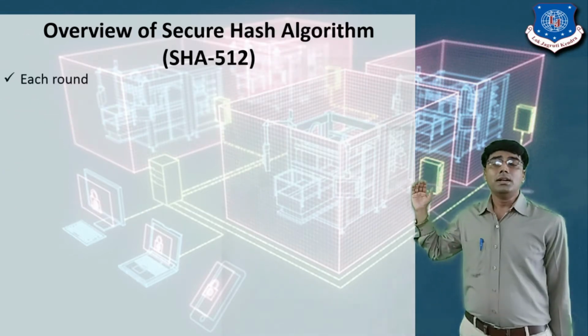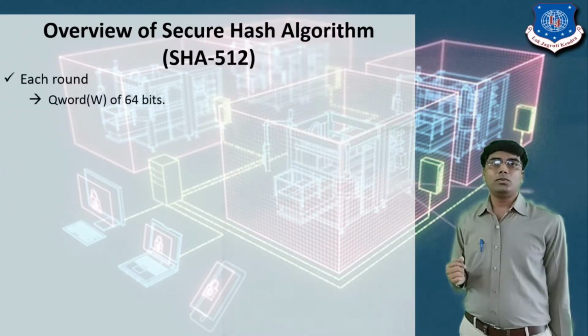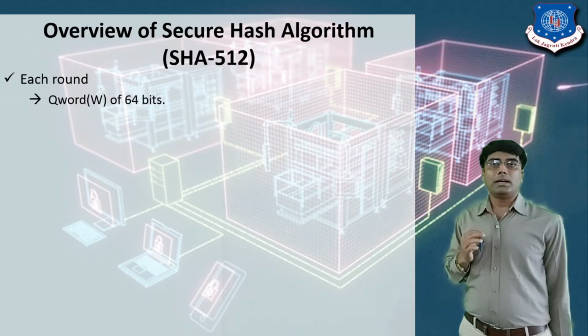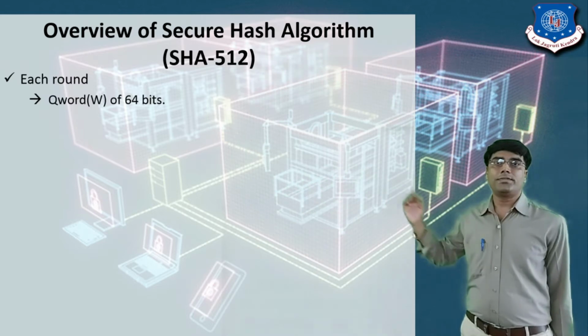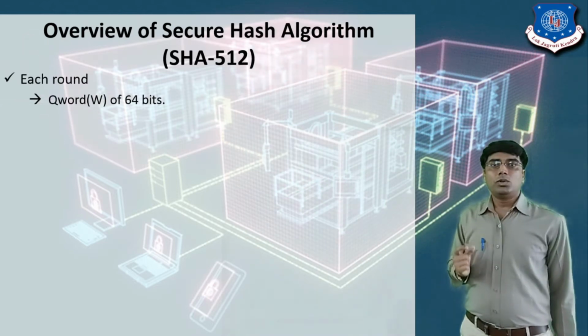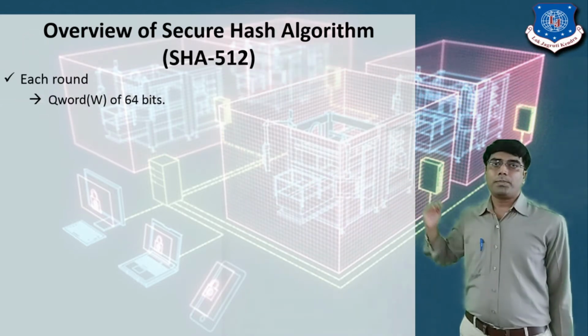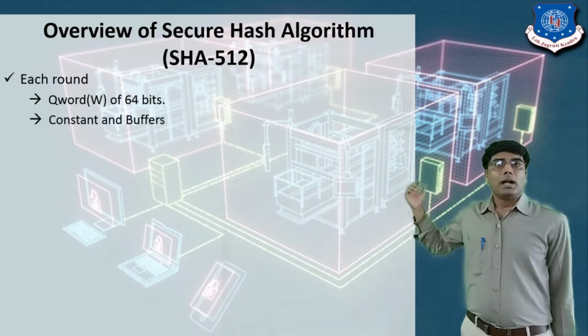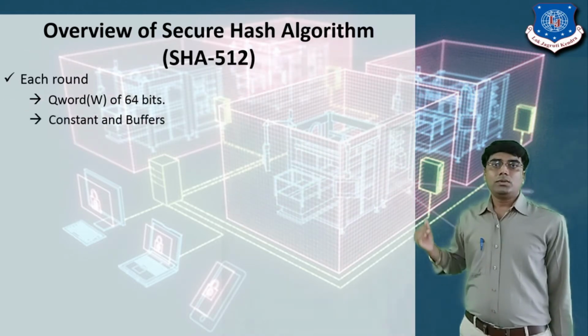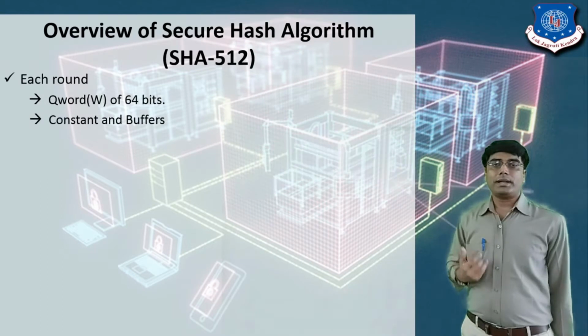In each and every round, a keyword is used, and the size of the keyword is 64 bits; the keyword is generated from the plain text message. And in each and every round, we consider the constant and the buffer.